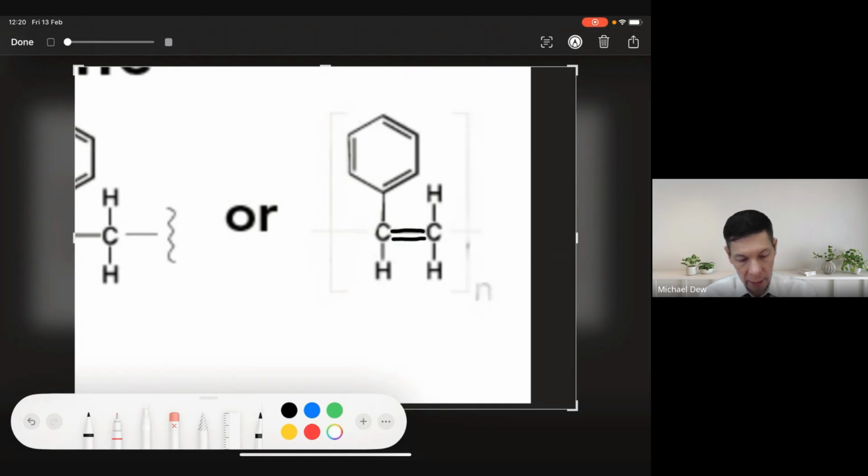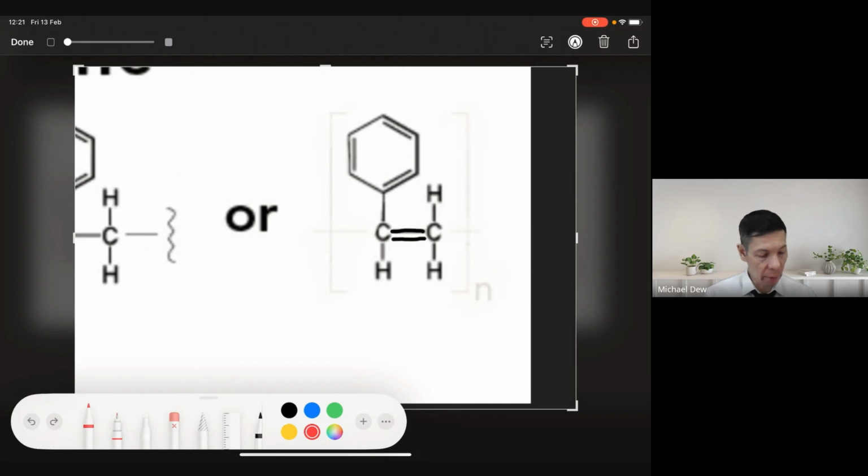Okay, and so that's a styrene monomer. And then you've got to remember carbon has 4 bonds, and you can see that this carbon has 4 bonds. Again, where are they? 1, 2, 3, 4. And then the carbon on the right has 4 bonds as well. 1, 2, 3, 4. Okay, so that is the full monomer of styrene.